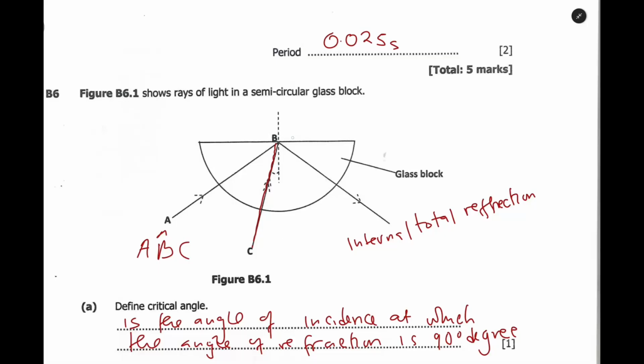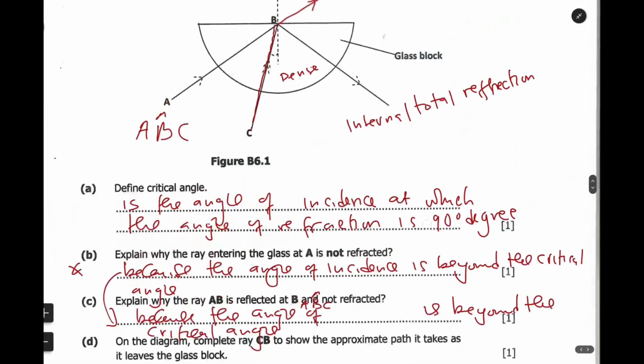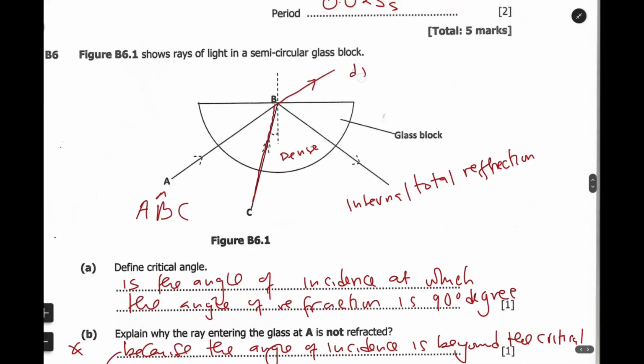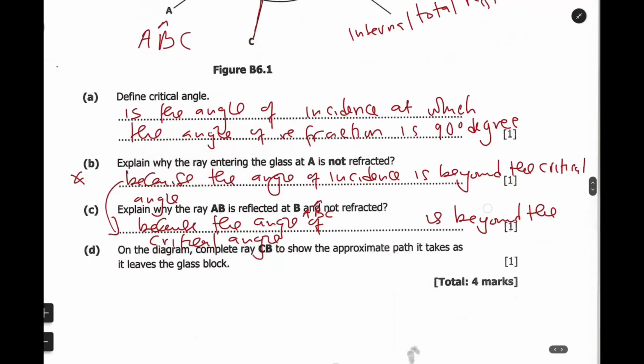You need to know that it is moving from a dense medium to a less dense medium, so you expect it to be refracted away from the normal. It was supposed to come out straight that way, but it's going to be refracted that way. So that is how it will come out. The answer for D is that.